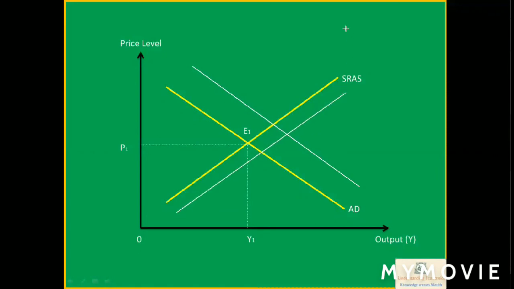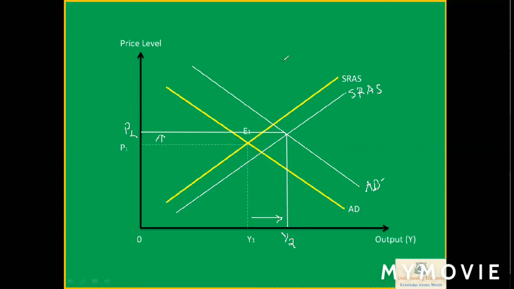So this will be our new aggregate demand, and this is our new aggregate supply curve, and we can see that the output has increased, and the price level has also moved up. So this is our new equilibrium price, and we can see there is an increase in the price, and this is the new equilibrium output. So we can see that there is an increase in the output.